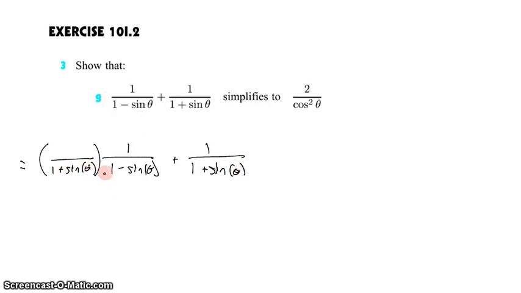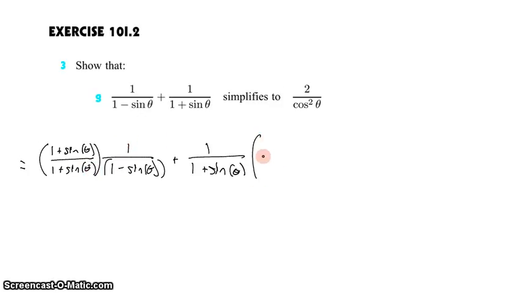So I want these two expressions here, this one and this one, to multiply together. But to do that, in order to keep the equation balanced, I need to make sure that I multiply the numerator and denominator by 1 plus sine of theta. 1 plus sine of theta divided by 1 plus sine of theta is just 1, and multiplying by 1 does nothing. So I haven't imbalanced the equation as long as I affect the numerator and denominator equally.